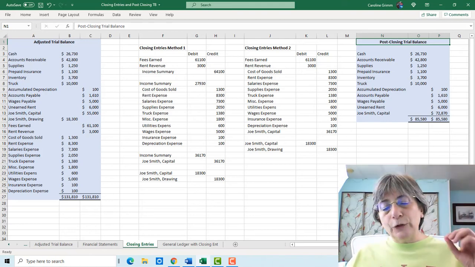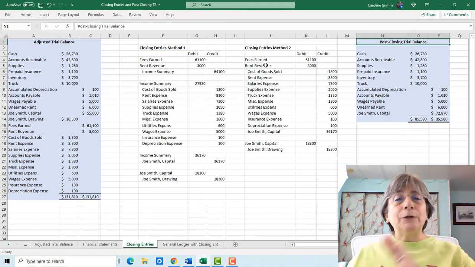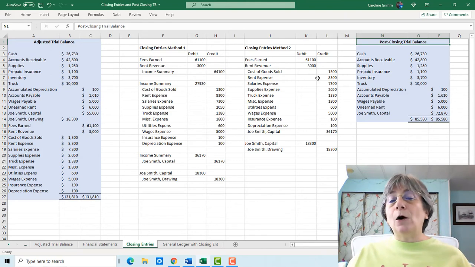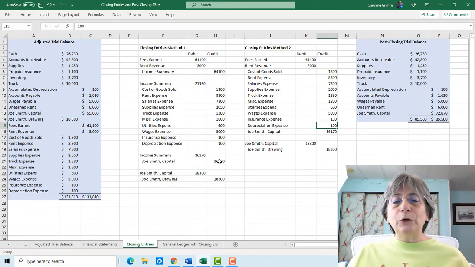With closing entries method number 2, it gets rid of that income summary piece. And here's what we do. We're still debiting our income accounts. We're still crediting all of our expense accounts. But instead of using this income summary Joe Smith capital entry, we are going right to the capital account.